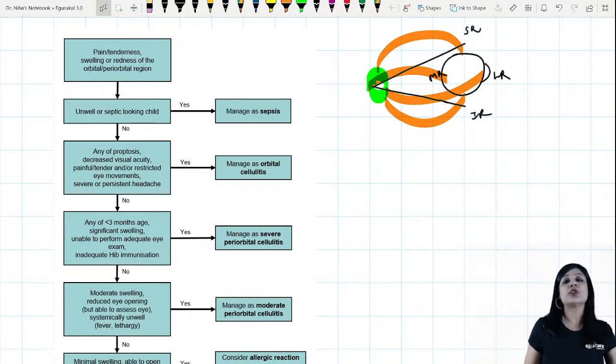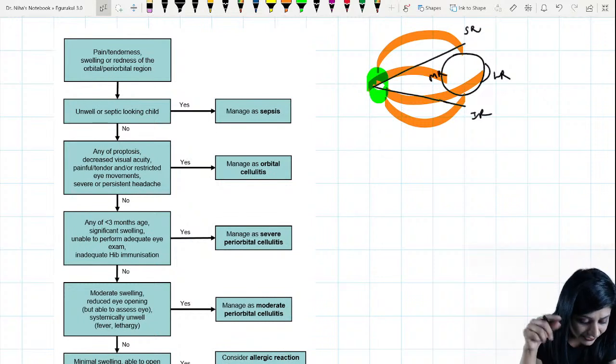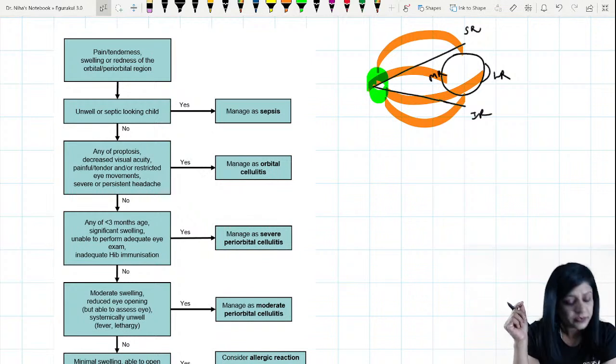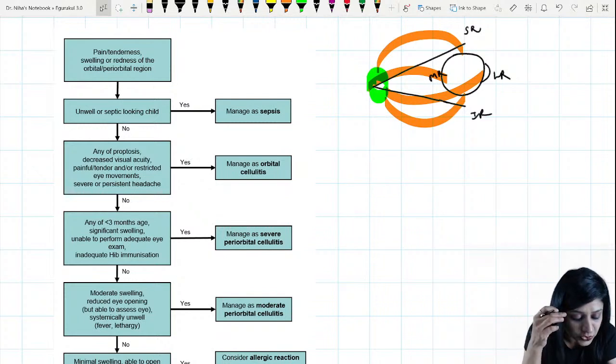Now there is a flow chart, because in clinical scenarios you have a lot of questions related to flow charts also. So I have tried to prepare this flow chart, with the help of which we can answer so many questions.